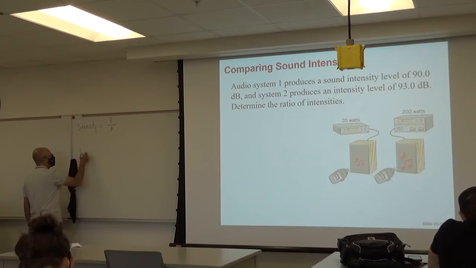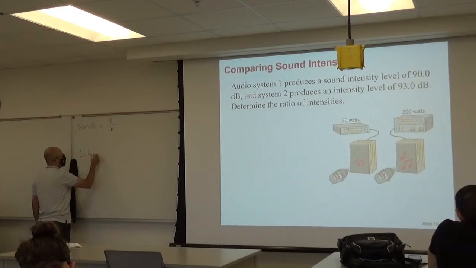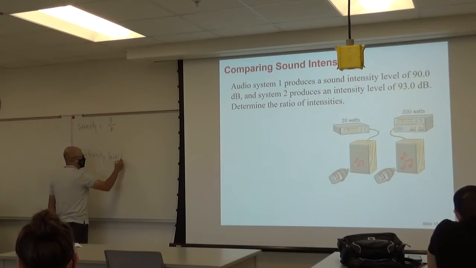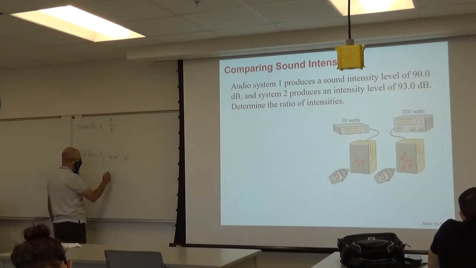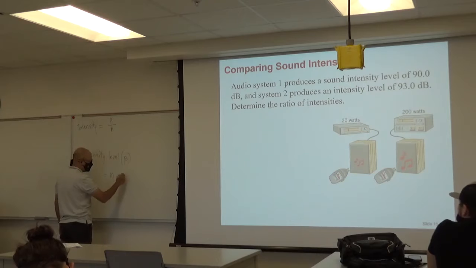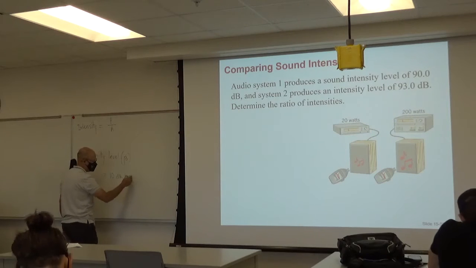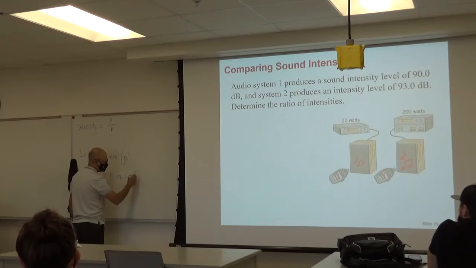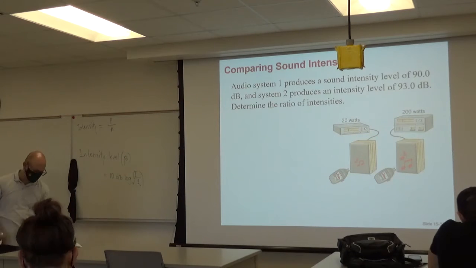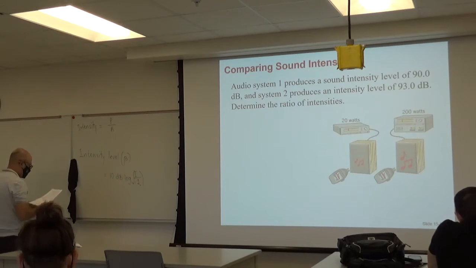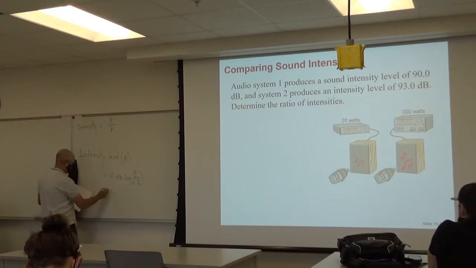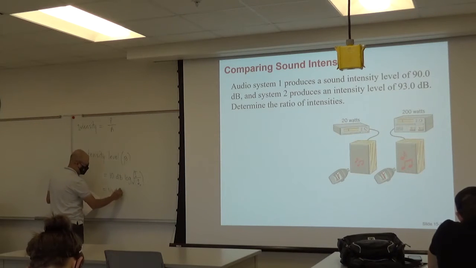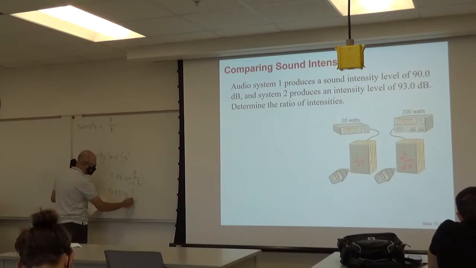Intensity level is in decibel. So this is the beta, which is 10 decibel log base 10 of I over I naught. So this part A is asking for the intensity level. So you need to plug in the numbers here: 10 decibel log 10.